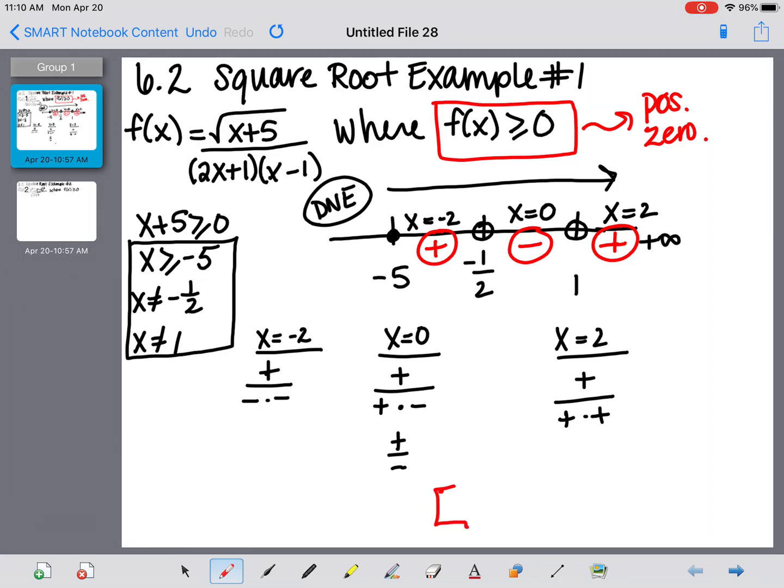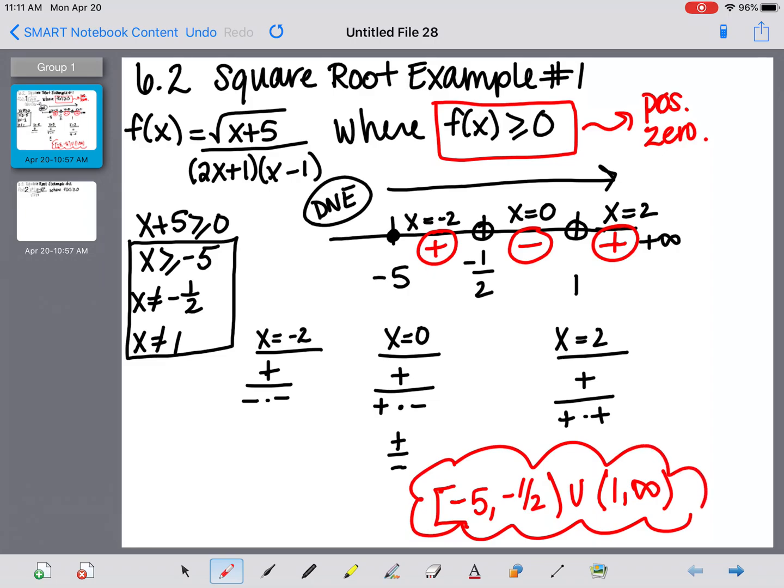So we have two intervals where we are positive, and that's our final answer for that one.